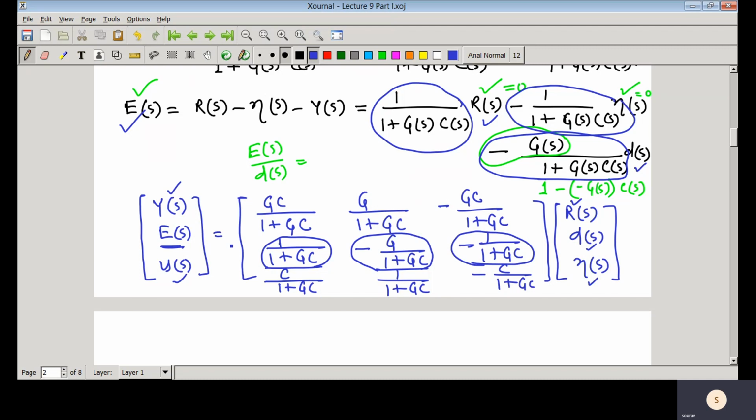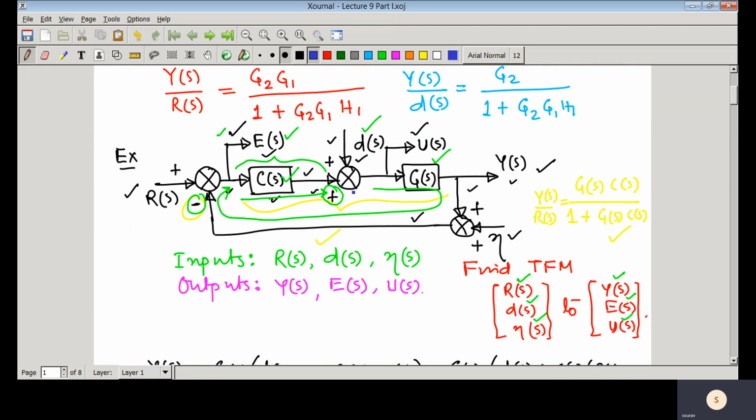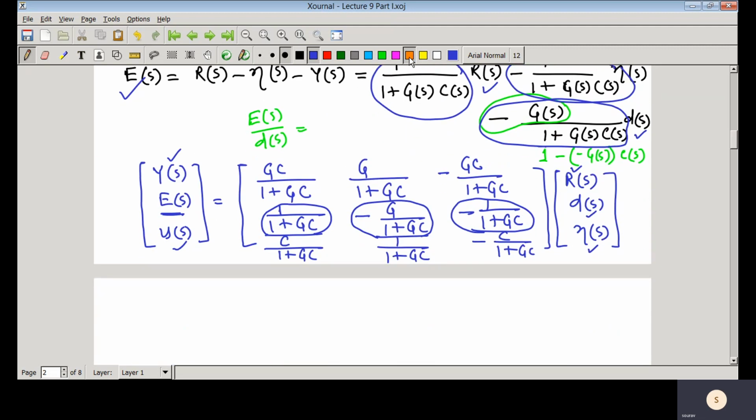Now you can see that for this particular block diagram, when you have many inputs and many outputs, in this case 3 inputs and 3 outputs, you can write the transfer function matrix. If you look at the elements of this transfer function matrix, each element is actually a transfer function.